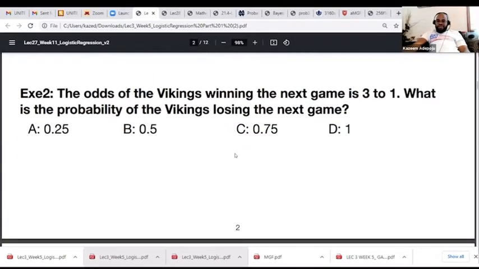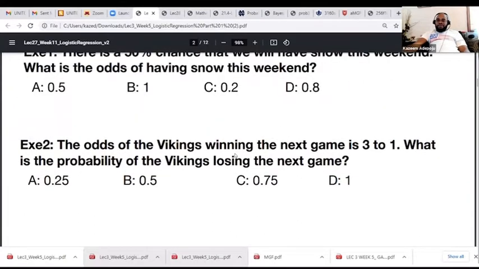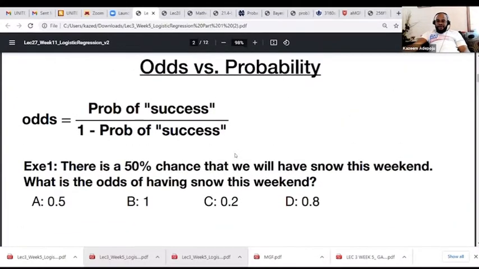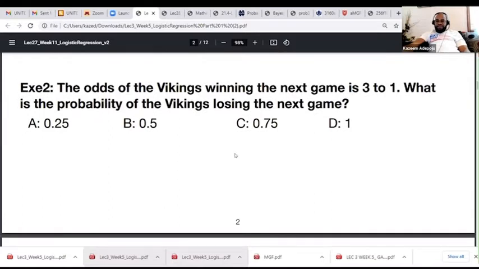Now, before I go to the second question, a situation where the odds ratio equals 1 implies that the probability of success is the same as the probability of failure, so there is no one that dominates. You understand now? But if you look at example 2, the odds of the Vikings, I think it's a football club in Minnesota, winning the next game is 3 to 1.